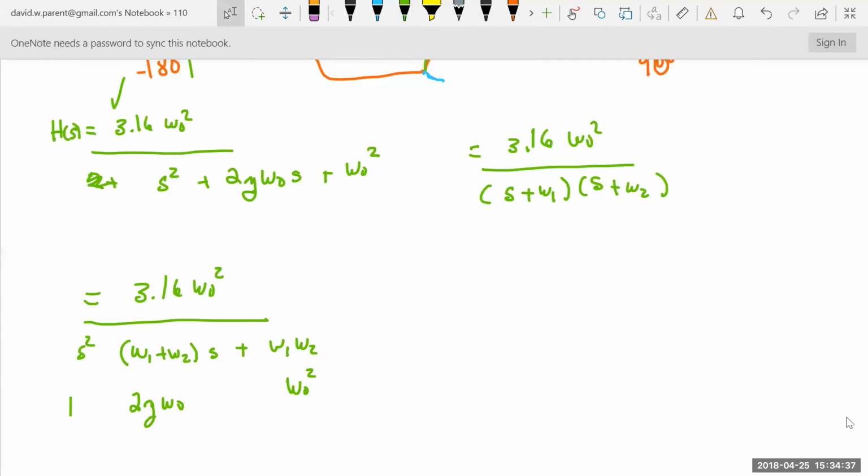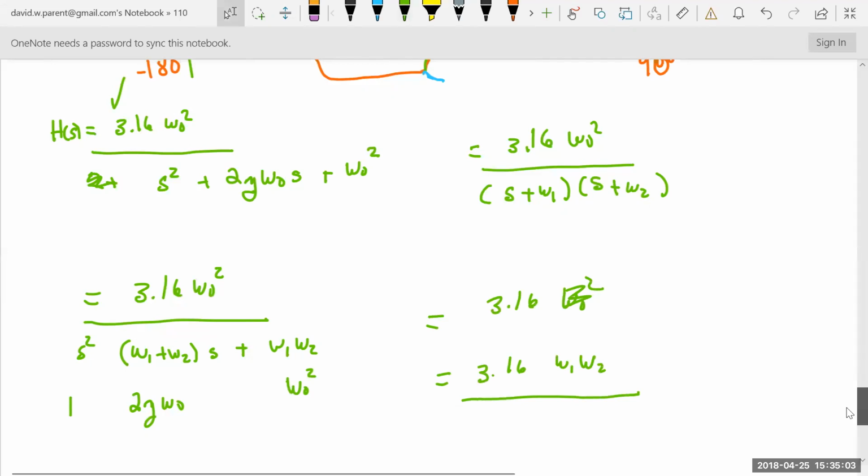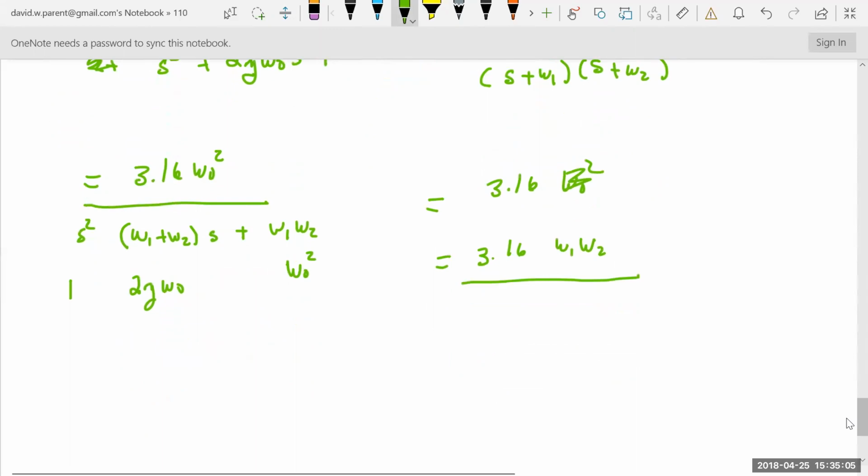That's just 1. Okay. So omega naught squared equals omega 1, omega 2.